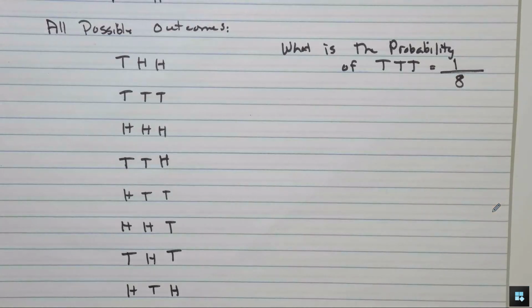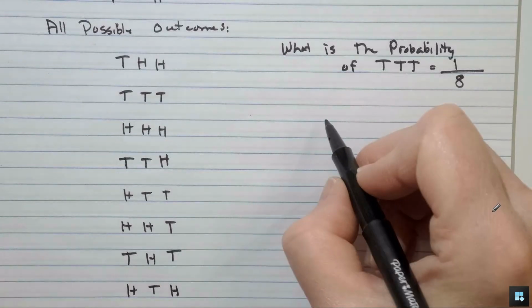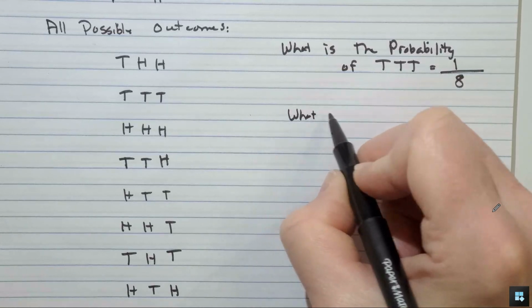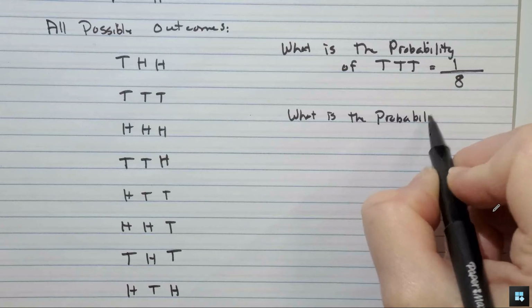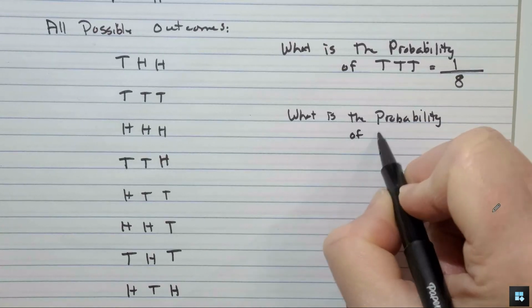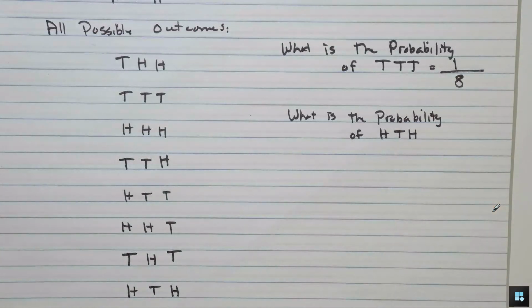So the probability of flipping a coin 3 times and getting tails, tails, tails is 1 out of 8, because there were 8 different outcomes, and out of those only one had tails, tails, tails. Now, what would be the probability of heads, tails, heads then? With that in mind.